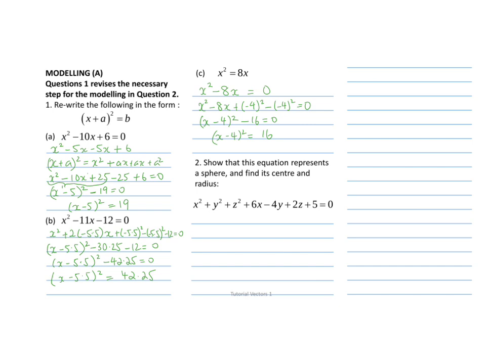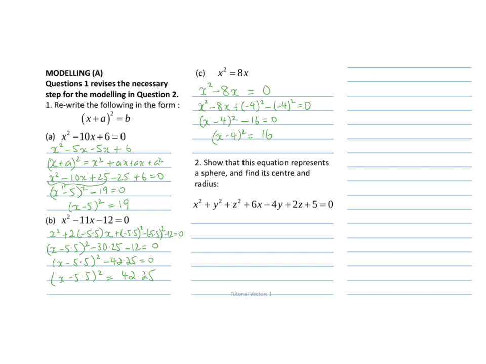Now, why did we need this? Show that this equation represents a sphere and find its centre and radius. So, in one of the lectures in week 1, the equation of the sphere was given.